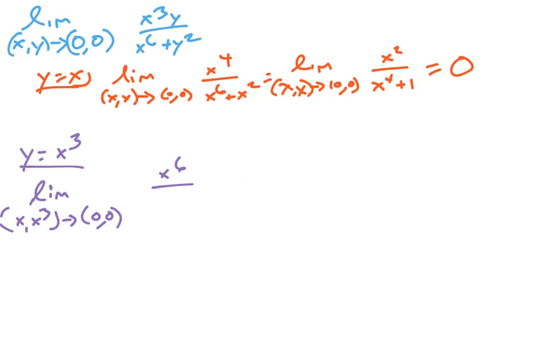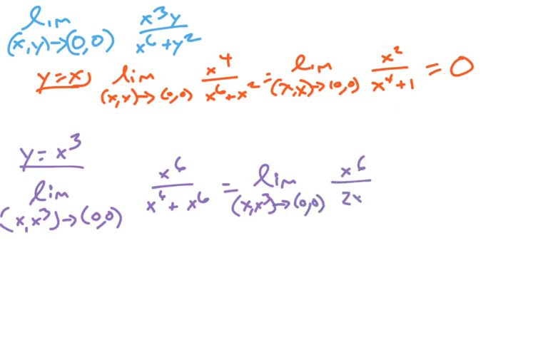So x to the 6th is now up top, right? And then you're going to have x to the 6th plus x cubed squared, which is another x to the 6th. So I'm going to write all this down. You're going to get x to the 6th over 2x to the 6th. Those can cancel, and you're going to get 1/2, right?